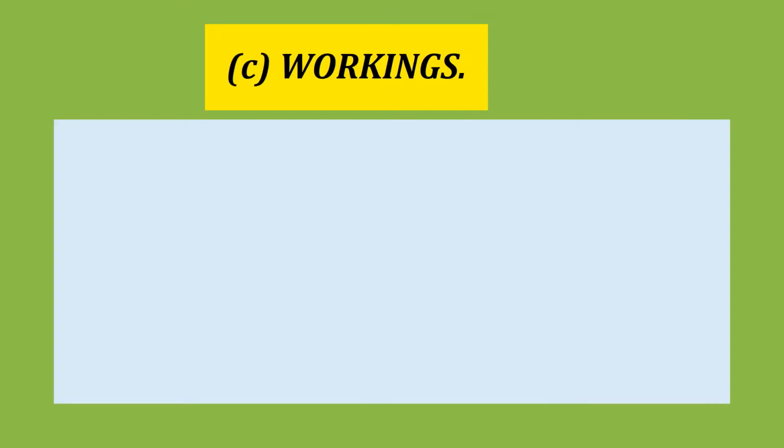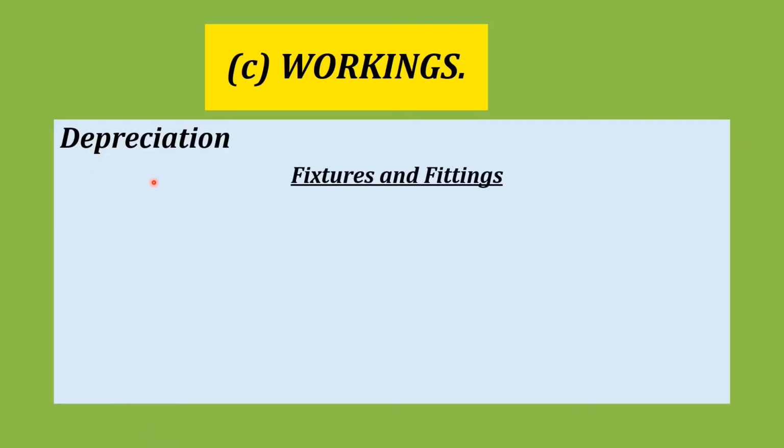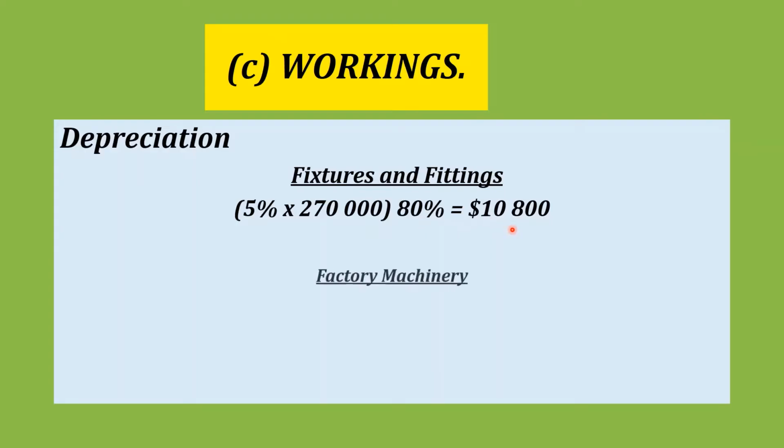First, we'll do a couple of workings. Depreciation on fixtures and fittings is 5% of the cost, and 80% goes to the factory. So we get 10,800. Then we have factory machinery.